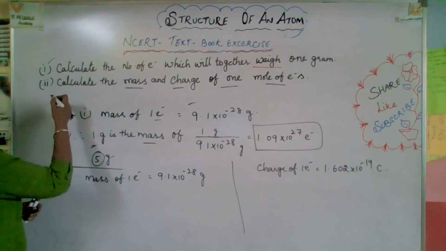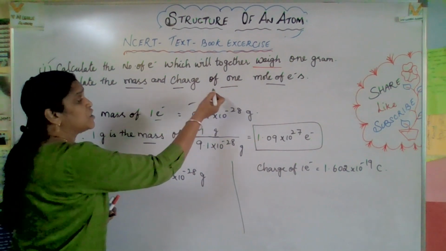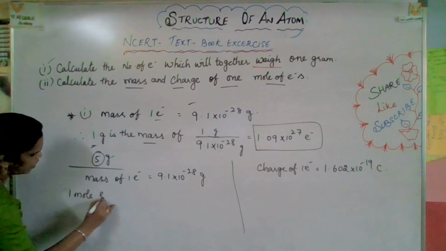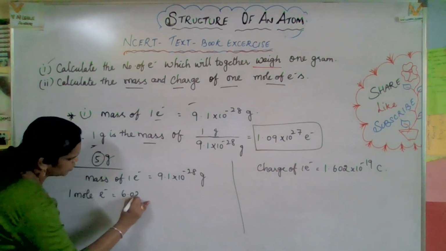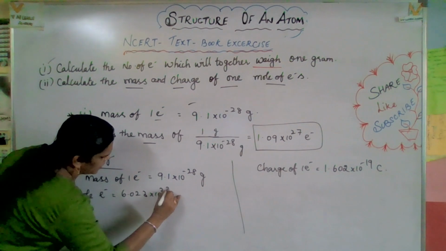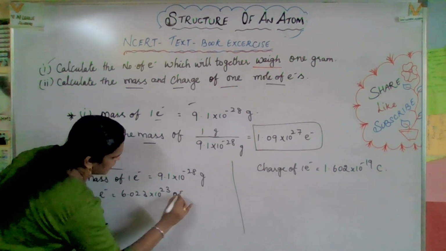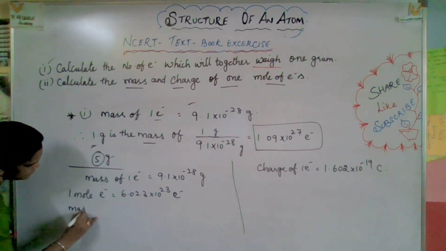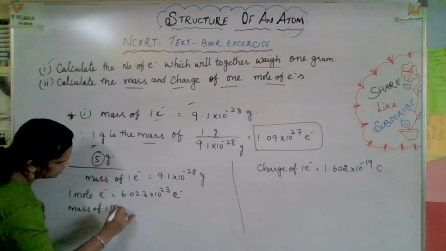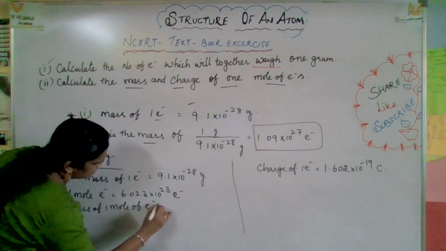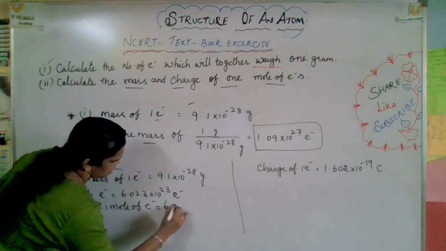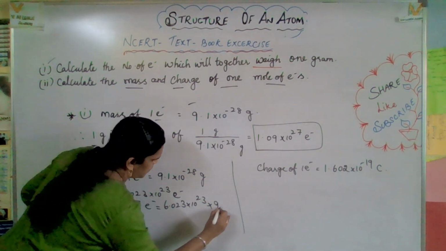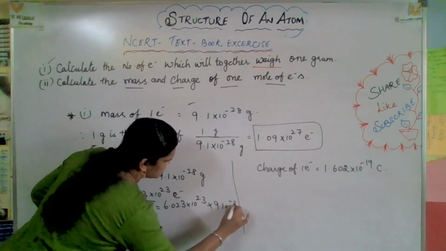Now let us check very clearly. Here they are asking to calculate the mass and charge of 1 mole of electron. So 1 mole of electron, how much is it? 6.023 into 10 to the power of 23 electrons, right? Therefore, the mass of 1 mole of electron is equal to 6.023 into 10 to the power of 23 into 9.1 into 10 to the power of minus 28.